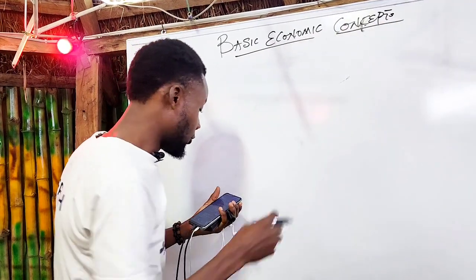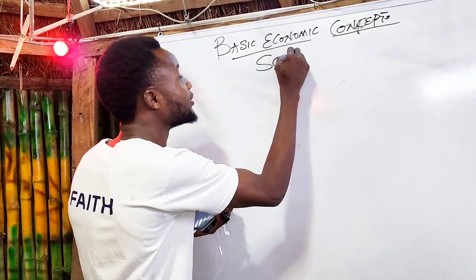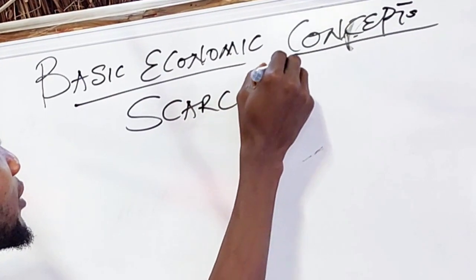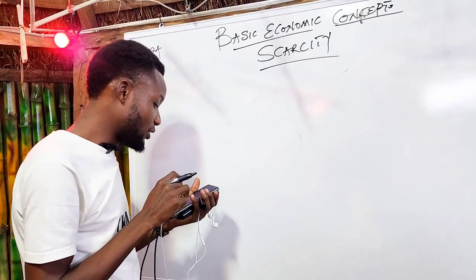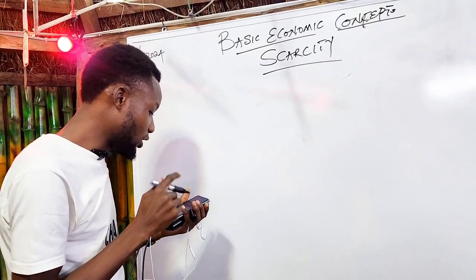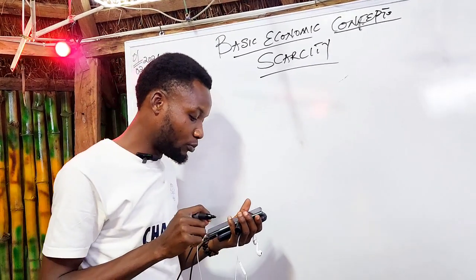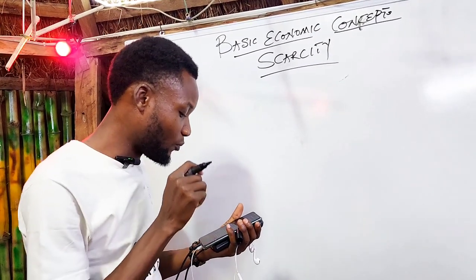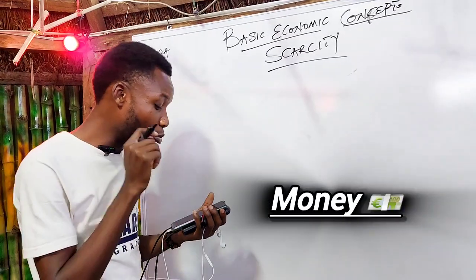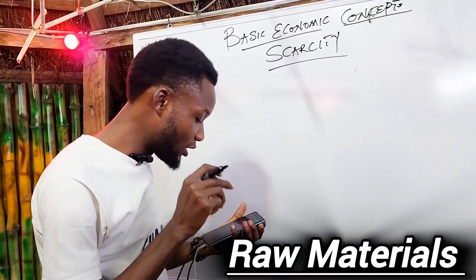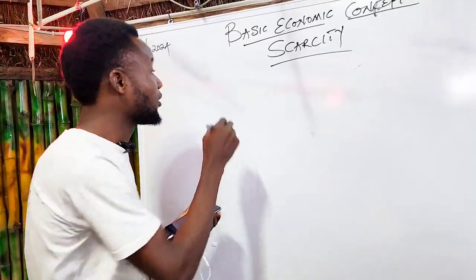All right, and a very quick one. We want to begin with the concept of scarcity. And scarcity by definition, it refers to the fundamental economic problem arising from the fact that resources, including time, money, and raw materials, are limited or finite.